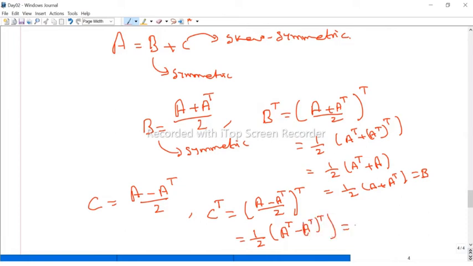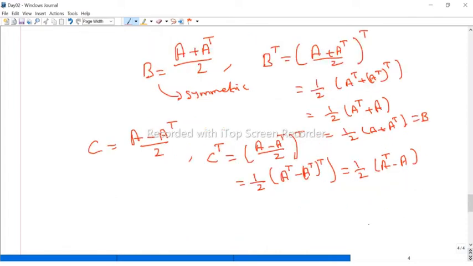So this is 1 by 2 times A transpose minus A, since A transpose transpose is nothing but A. Now we can take minus outside. Therefore we get minus 1 by 2 times A minus A transpose. This is nothing but minus C. Therefore C satisfies the property C equals minus C transpose, and so this C is a skew symmetric matrix.